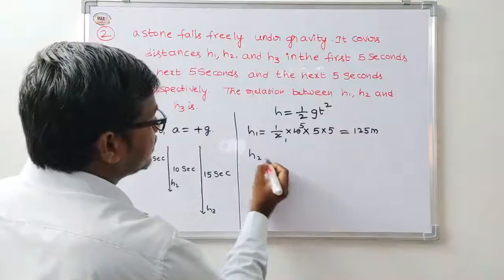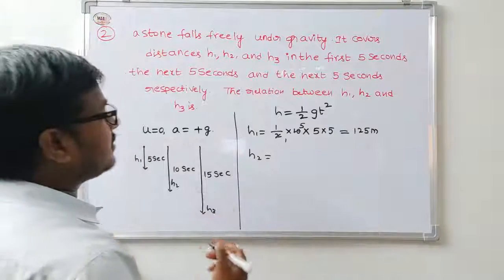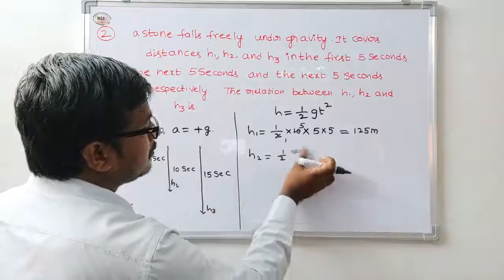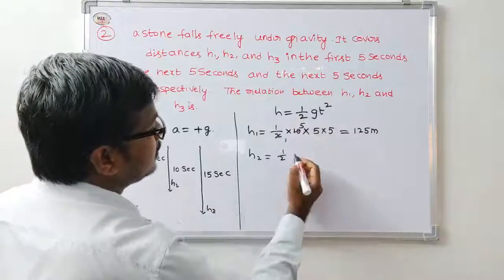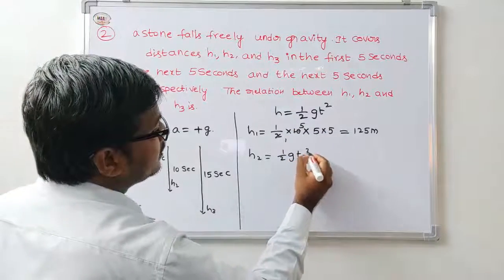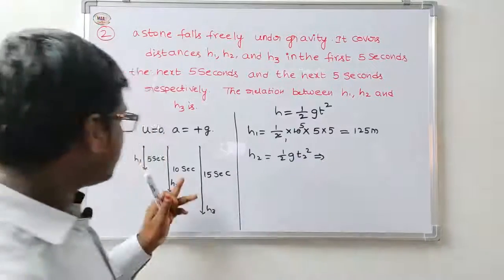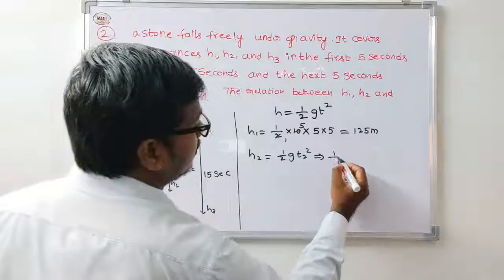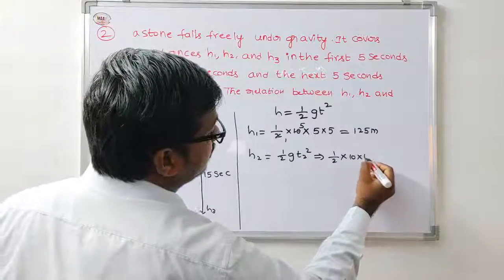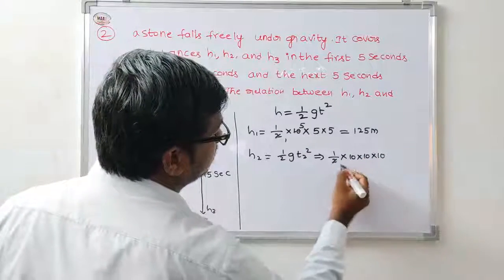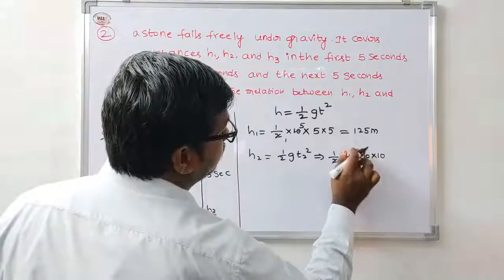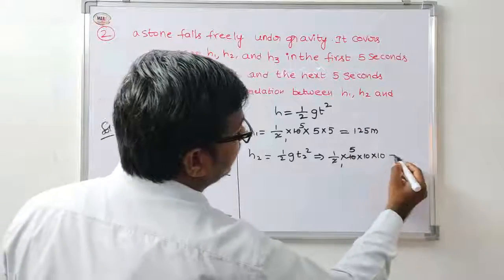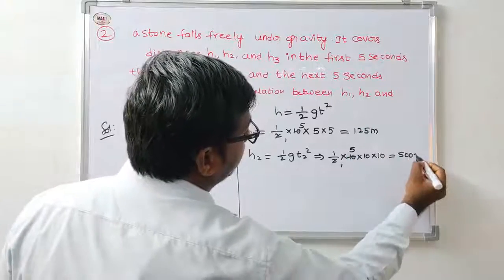Next, the distance covered second, h2, is equal to half g t2 square. t2 means the total time, 5 plus 5 is equal to 10, half into 10 into 10, 500 meter.